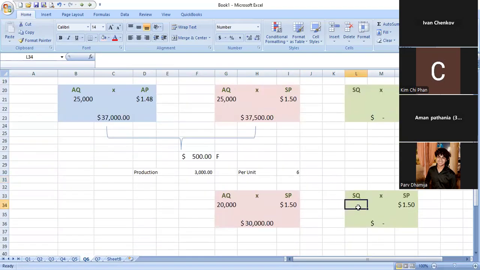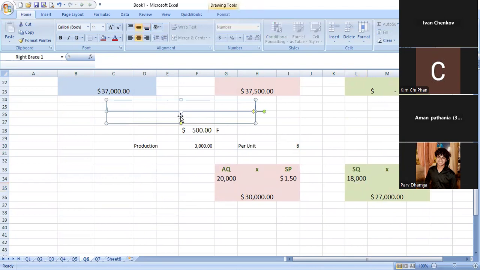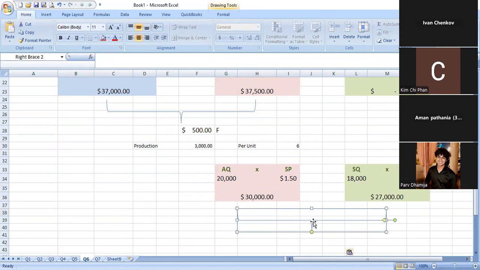So our production again is 3,000 times 6, and that's going to be 18,000. That's going to drive some kind of unfavorable variance, right? So what's our variance here? Obviously, it's going to be unfavorable since we're overspending.